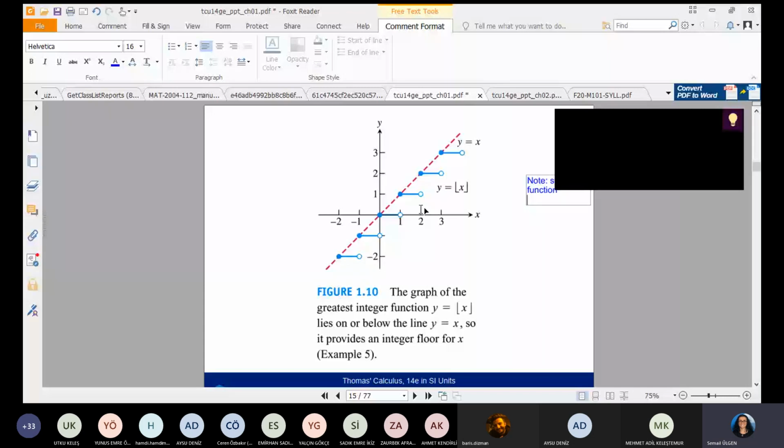The rule here says: greatest integer of a number, for example, greatest integer of 3.4, is going to be equal to 3.